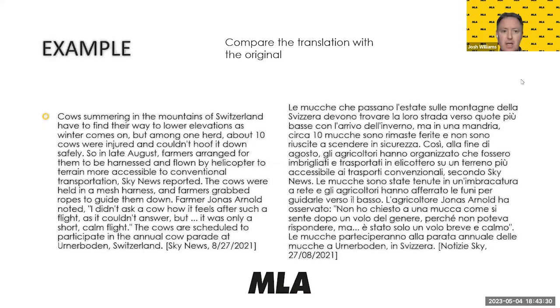Here we have something. I don't know if I'm going to have enough time to read all of this, but what we can have a look at is the translations. This is in the handout. Just looking at that first sentence, cows summering in the mountains of Switzerland. We have a verb in English, you can say to summer in. In Italian, we have to use a different verb and then summer.